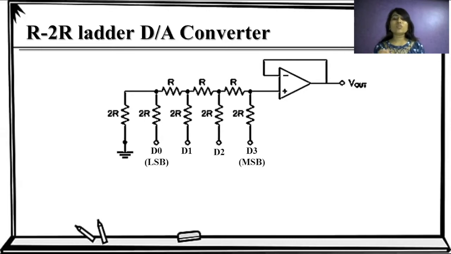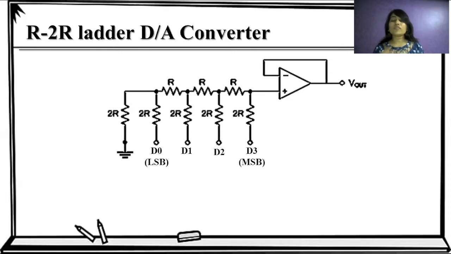Remember, here we give D3, D2, D1, D0 to this operational amplifier. This operational amplifier basically performs various operations, and specifically here we use it as an adder.